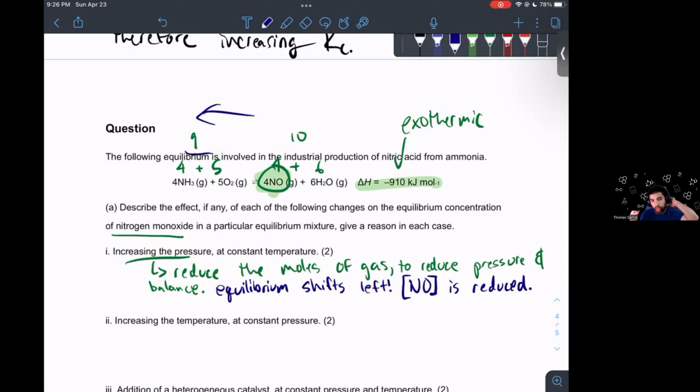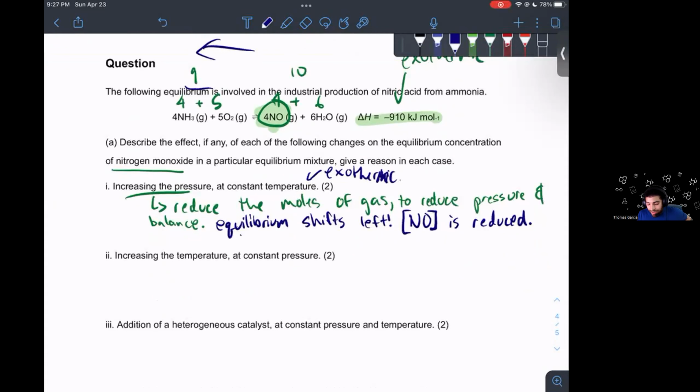Even though this is an exothermic reaction, it doesn't really play an effect. I don't actually have to write that it's exothermic. I'm going to go ahead and erase it. It says at a constant temperature, and whenever you talk about temperature, I'm just like, oh, we should just mention right here really quick, exothermic. Sorry for that terrible writing.